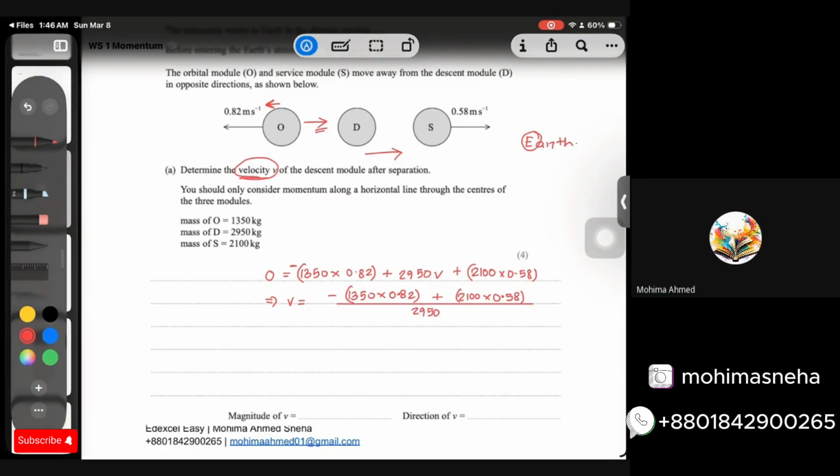How much is this? Oh wait, I think I made a mistake. It's supposed to be 3-1. This one will be negative. This one will be positive after the subject change. Sorry. Then calculate this and let me know the value for your velocity.